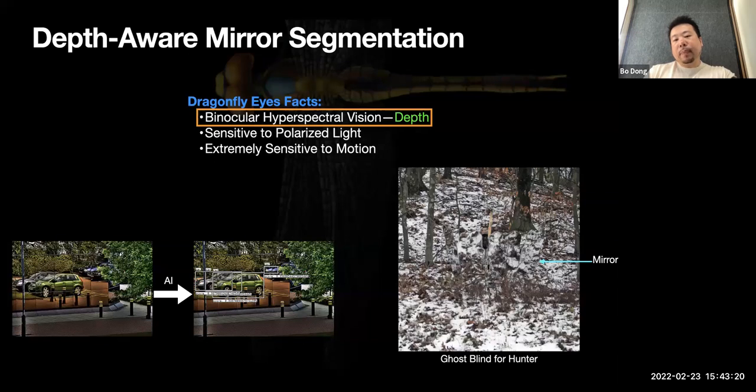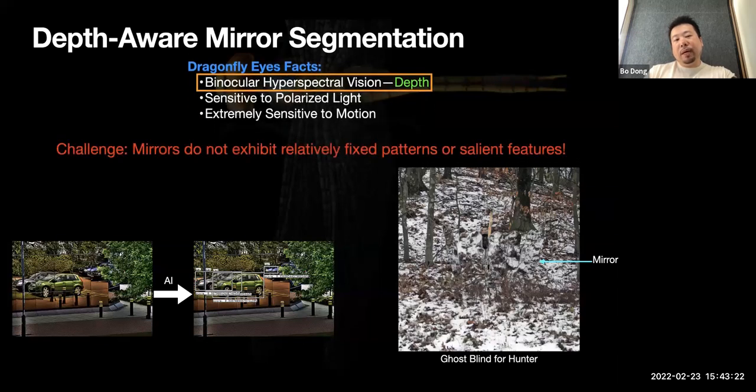So the challenge for mirror segmentation is that mirrors do not exhibit relatively fixed patterns or salient features. It's largely related to the context, the environment, right? Because it reflects the environment it stays in.